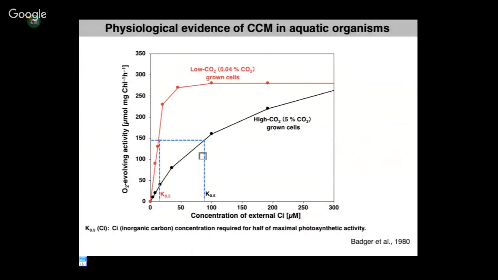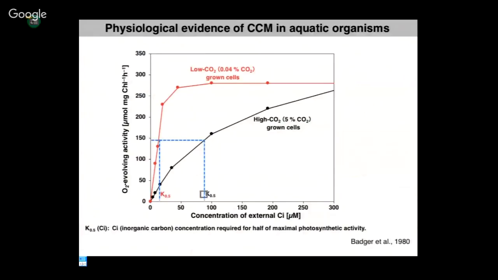We assume the cell as an enzyme, and we calculate K half: the concentration of the substrate at half of the Vmax, the maximum photosynthesis value.